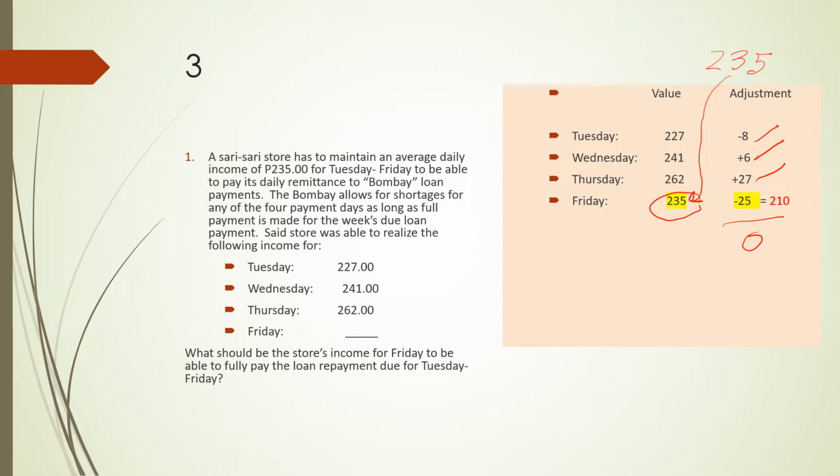Because we have negative 8 to cancel out with positive 6, we need to take away from 27 2 more, so that will give us a positive 25 to be offset by a negative 25, so that the final value which we seek would have to be 235 minus 25, which is equal to 210 pesos.